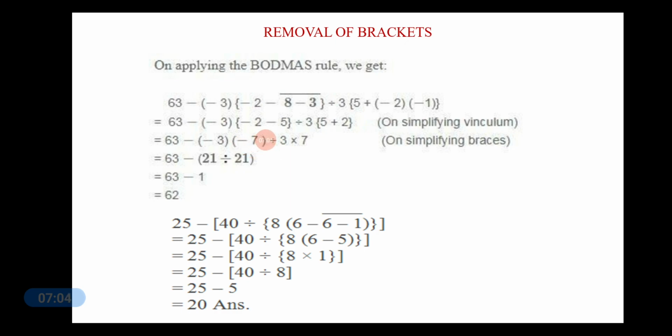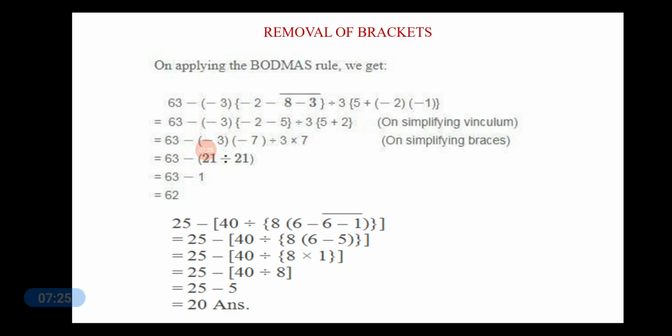So within the bracket you now have minus 2 minus 5, which is divided by 3. Now when you solve minus 2 into minus 1, there is no sign between these two brackets. It means that minus 2 into minus 1 will give you plus 2. So 5 plus 2 is written over here.